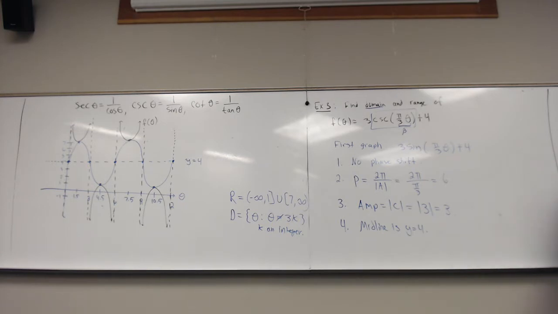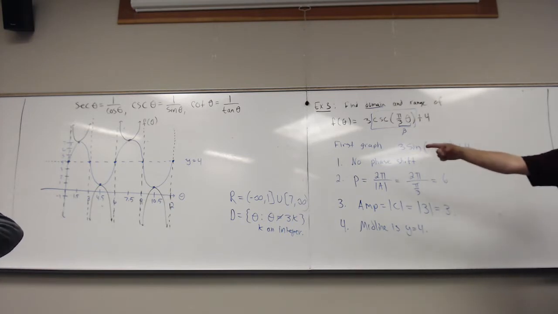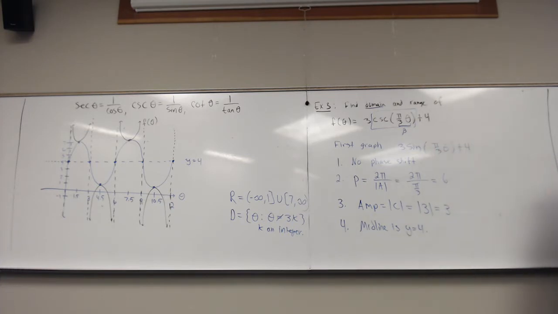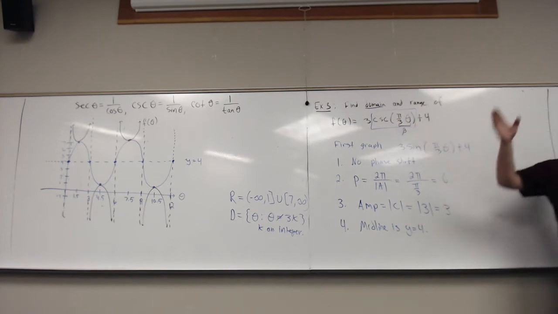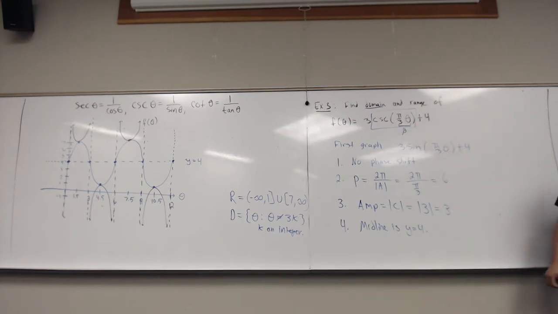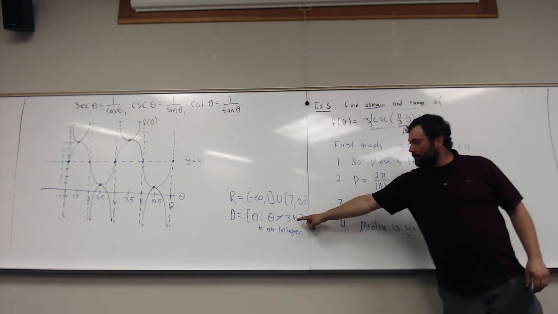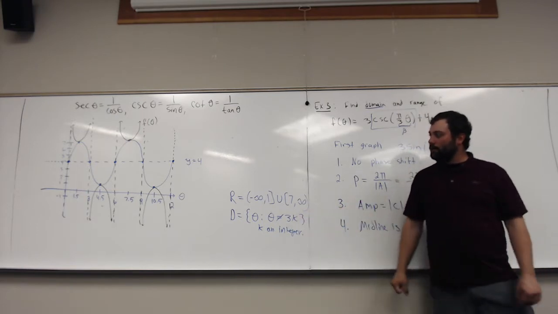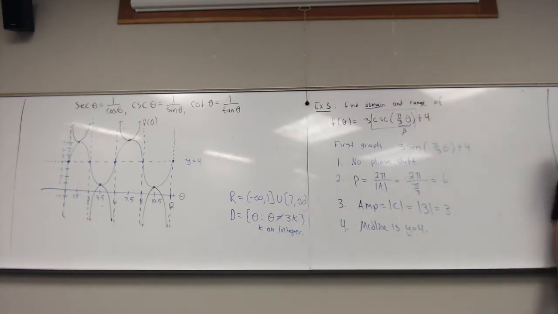I personally like to do it by hand because I know I can do it faster than having to draw the graph. But if you forget how to do it by hand, you can just sketch a graph of this, figure out where your asymptotes are. Those are the things you want to avoid in the domain. And then you'll be able to see what your two pieces of the range are, looking at the graph.